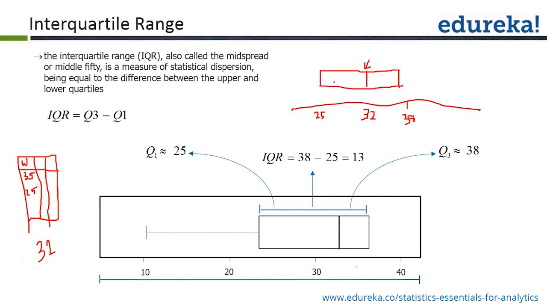Okay. Then this value you take. Let's assume the height of this is say 13. I'm just making everything approximate. Okay. And you make 1.5 times of this.